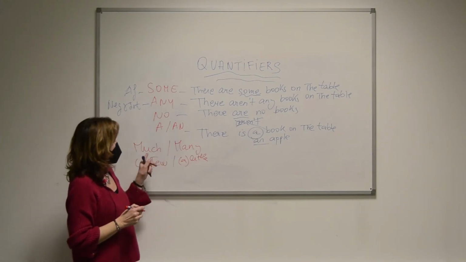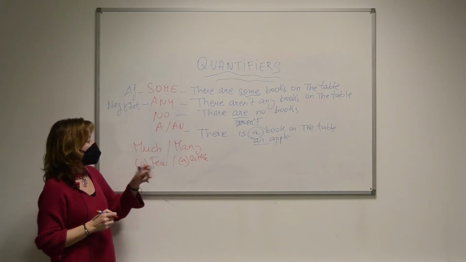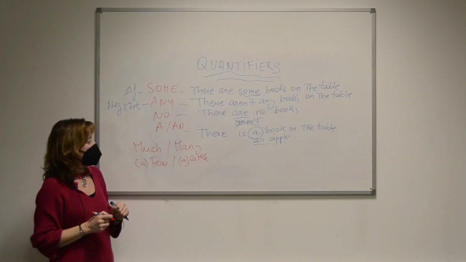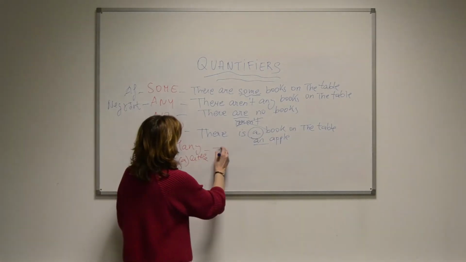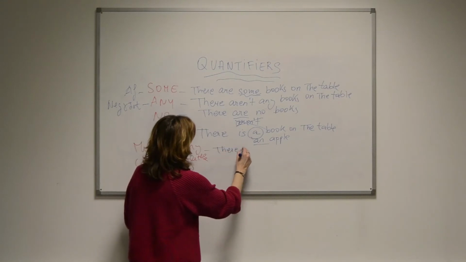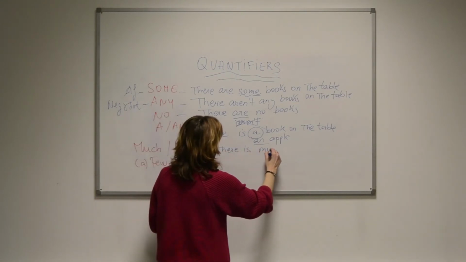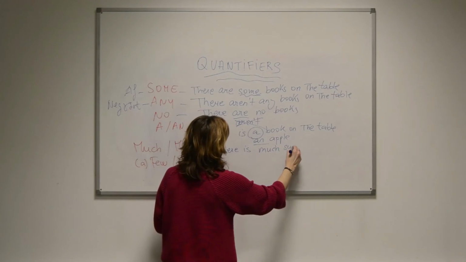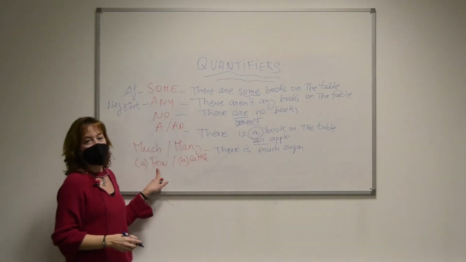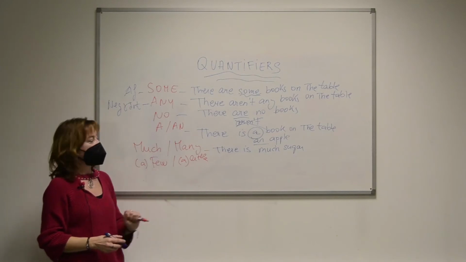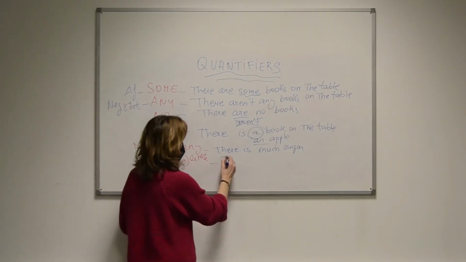Much and many. Much is used with uncount nouns and many with count nouns. For example, there is much sugar. Few is used with count nouns and little with uncount nouns.